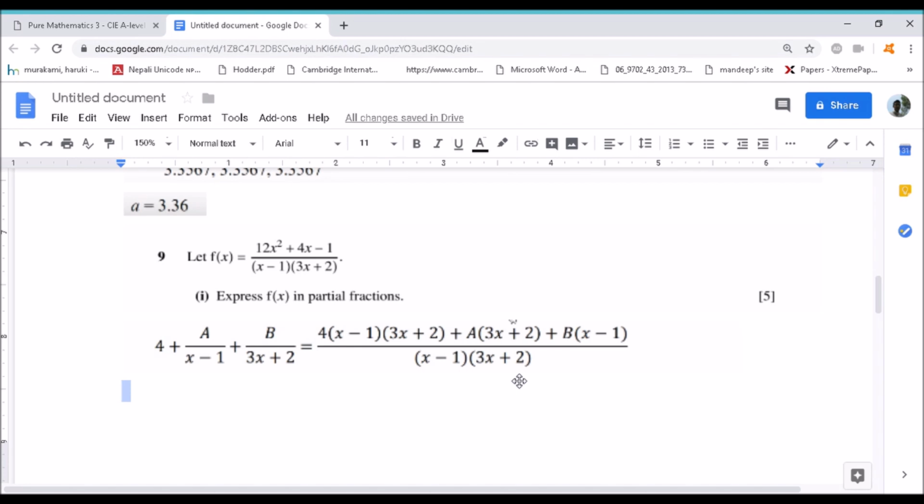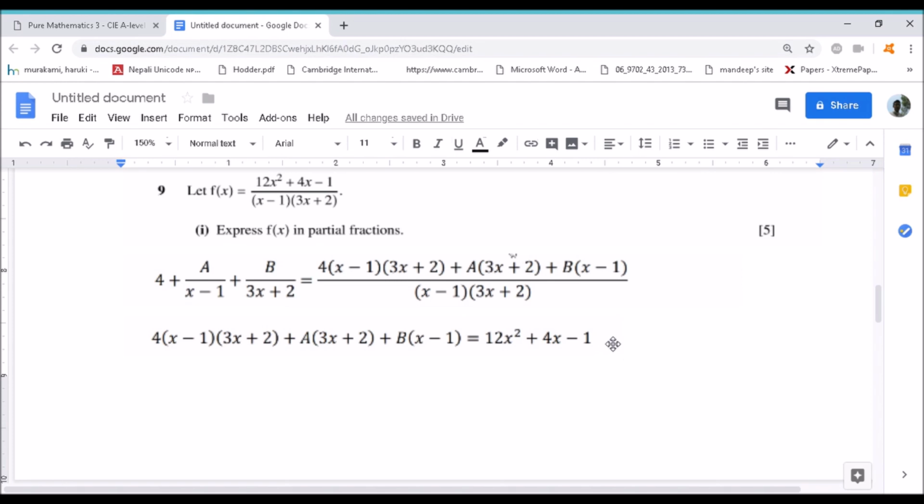So the numerator is going to be equal to 12x square plus 4x minus 1, because we have to use 4: x times 3x is 3x square, so the only x square value you can get from here is 3x square, but what we have to get is 12x square, so we use 4 to make it 12. This would be equal to 12x square plus 4x minus 1.